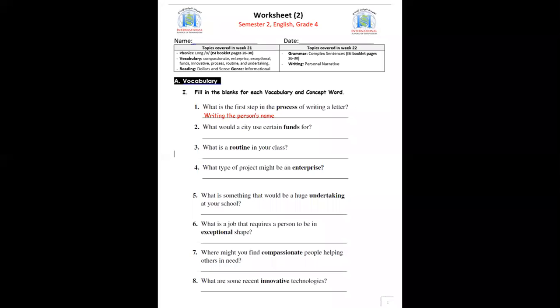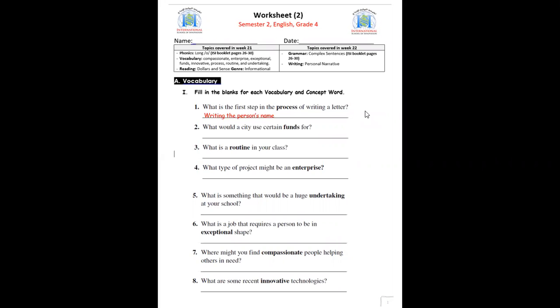If the city has a lot of money, what would they use it for? The city where you live, what would they use it for? They bring money to buy something. Something like what?